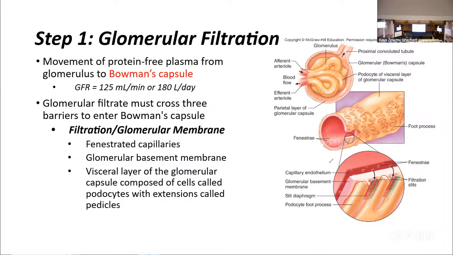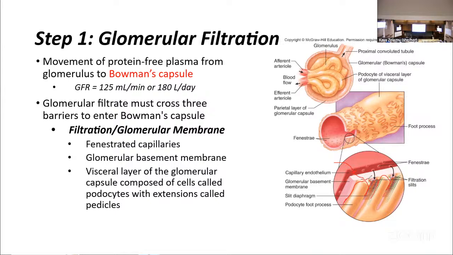So if we're, let's say, a glucose molecule or some fluid, I'll pick some water, we're going to go through the fenestra. As we're getting filtered out, we'd cross a basement membrane. We think of the basement membrane as gluing together two cell layers.